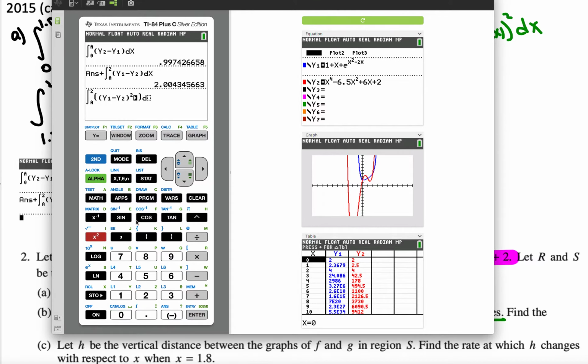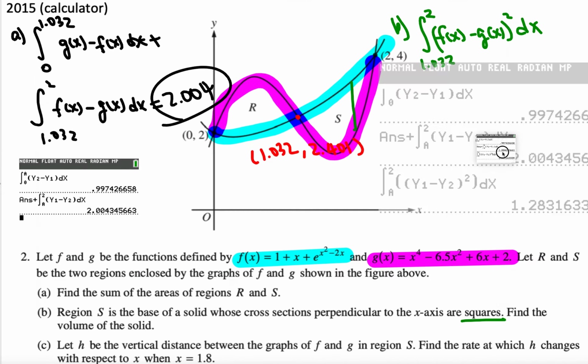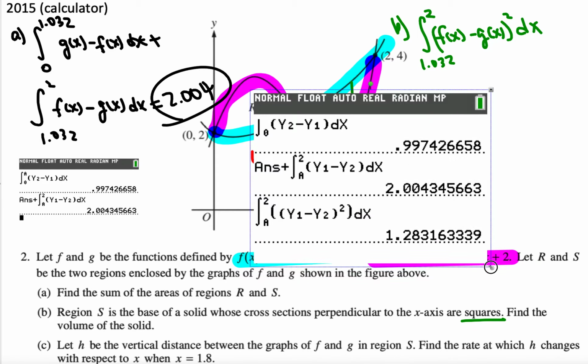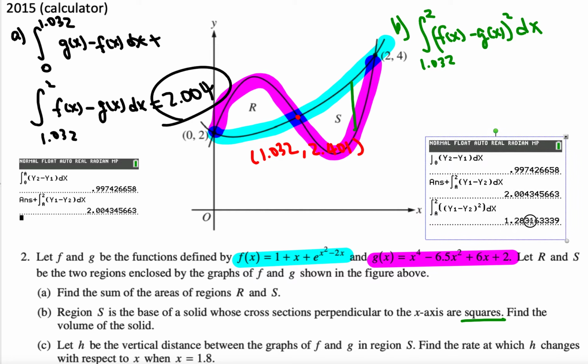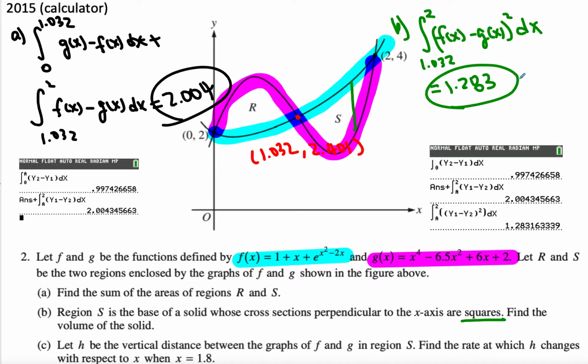And then I'm going to square that dx. So 1.283. So my answer becomes 1.283. Becomes my answer.